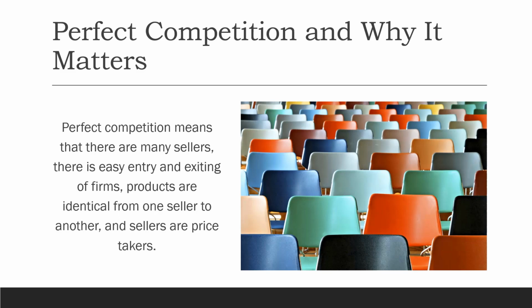Every brand has very little room to alter its prices. So perfect competition means that there are many sellers, there is easy entry, and products are identical from one seller to another, and sellers are price takers.